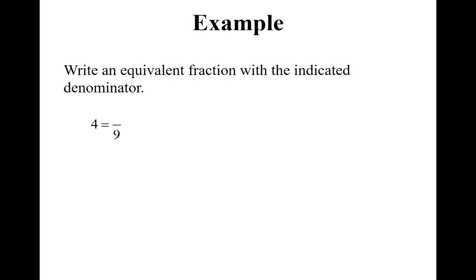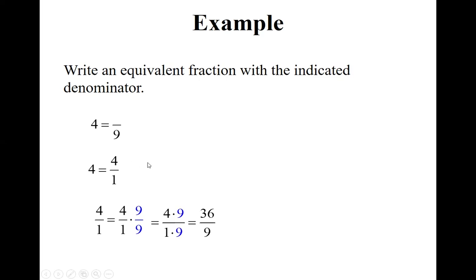Let's rewrite 4 as an equivalent fraction with 9 as a denominator. So first of all, 4 is 4 over 1. So we'd have 4 over 1 equals something over 9. How do we get from 1 to 9? We multiply by 9. If we multiply by 9 on the bottom, we have to multiply by 9 on the top because 9 over 9 makes 1, and 1 doesn't change it when we multiply.